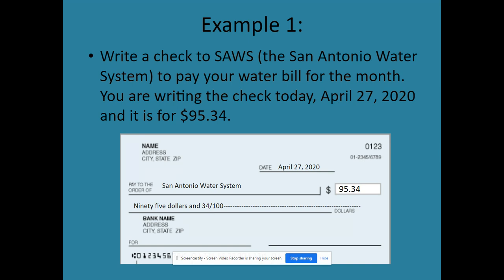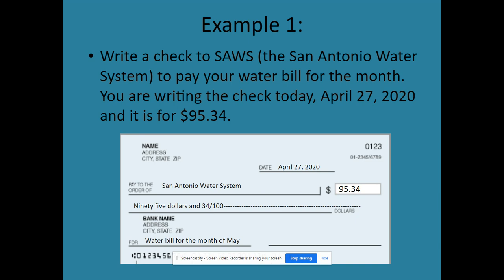And that's basically the reason why we have two different sets of numbers, the written and the numerical form, because you don't want somebody to put a comma where the period is and say that that's $95,340, because they could technically do that if you didn't have the word form. And most banks will not cash a check unless they see the word form written out. And they won't cash a check unless you have a signature.